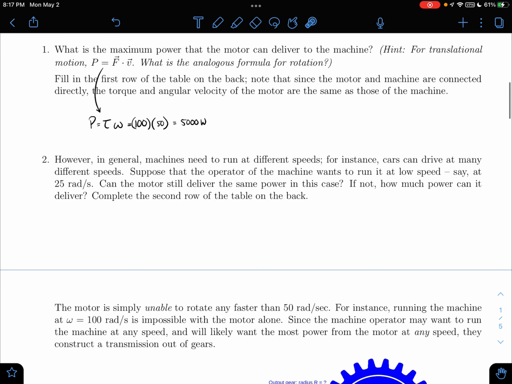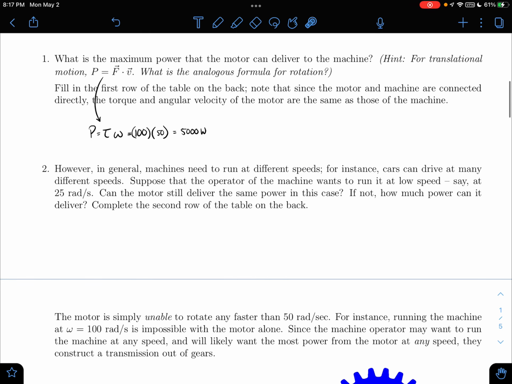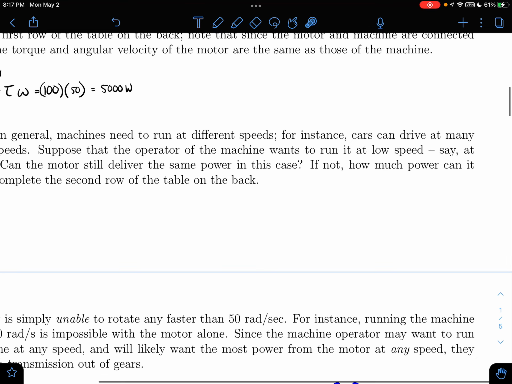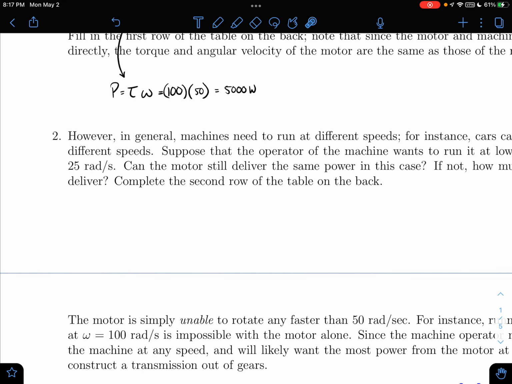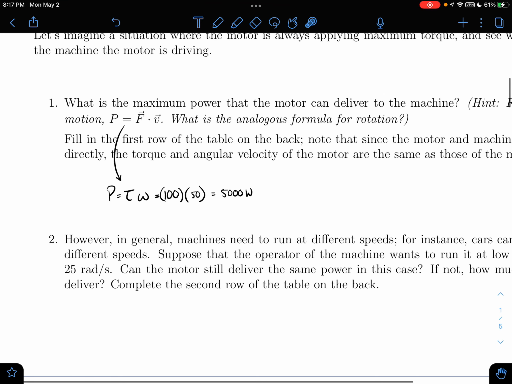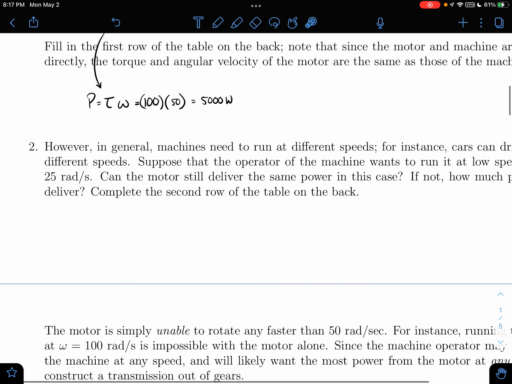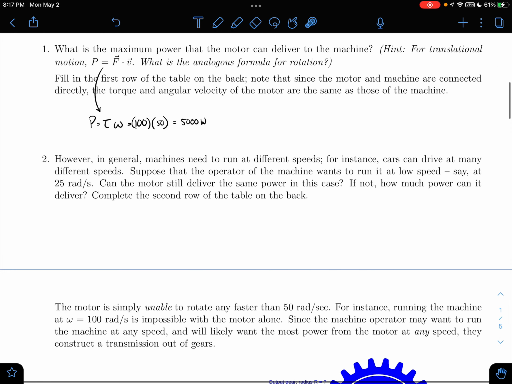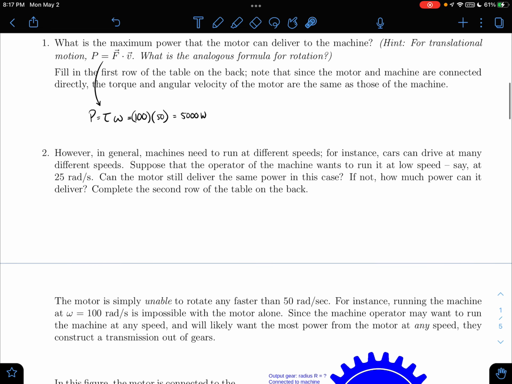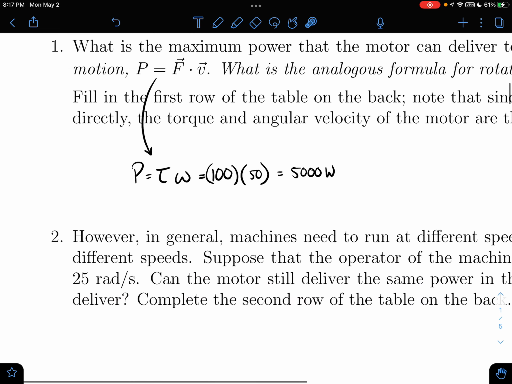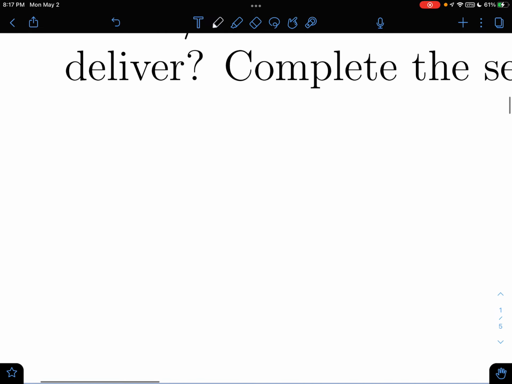Now we have to figure out how it can run at different speeds. So now we want to run our machine at a low speed, 25 radians per second. We're still going to be using our maximum torque, but we have to figure out how much power we can be delivering in this case.